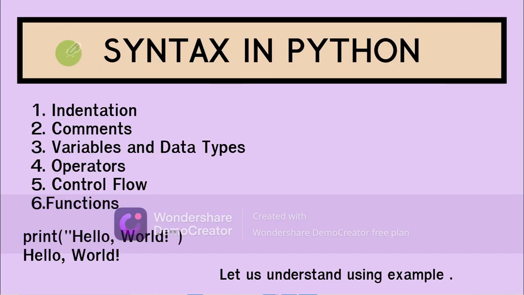Now the next topic is syntax in Python. Syntax in Python is not a single topic. It is a combined topic. In syntax, there are indentation, comments, variables and data types, operators, control flows, and functions.